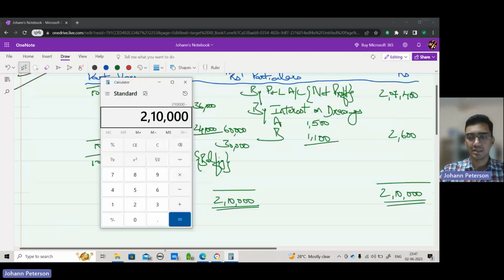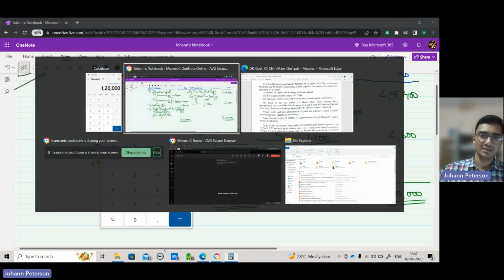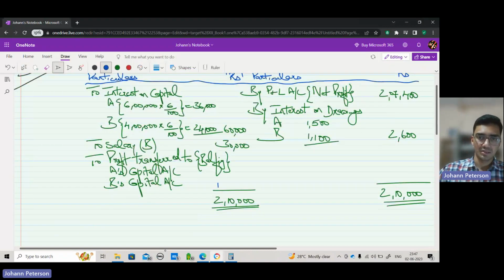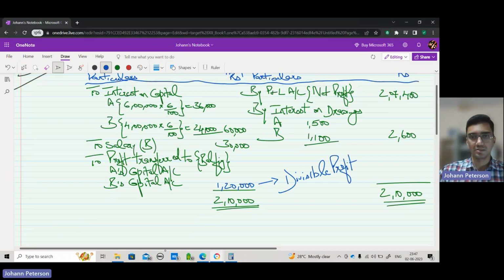2,10,000 minus 90,000, 1,20,000. So a balancing figure here is 1,20,000. This is also going to be known as your divisible profit. So anytime the question can ask you what is your divisible profit, you must know how you get that.